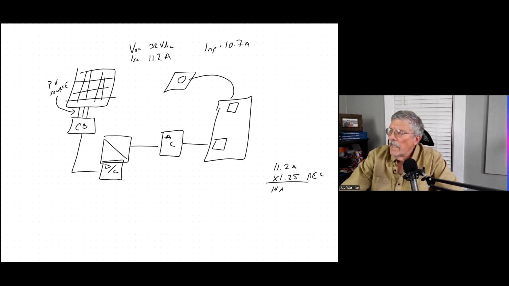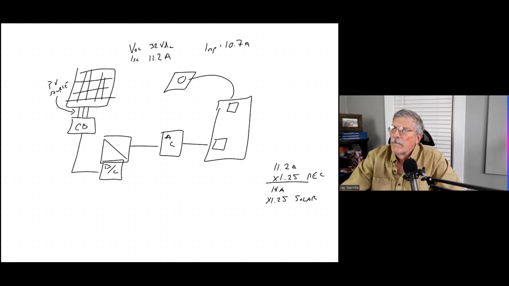But we're not done, because the National Electrical Code also says for solar, and this is particular to solar, because the sunlight is variable, we want a second safety margin of 1.25. So that's the solar variability.